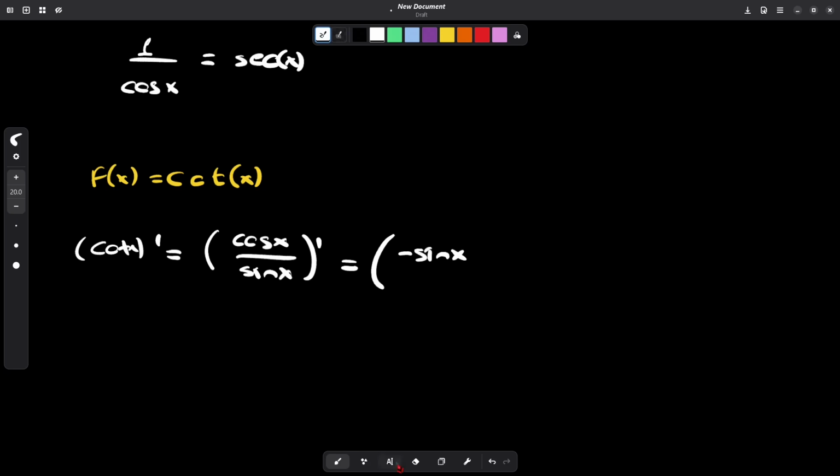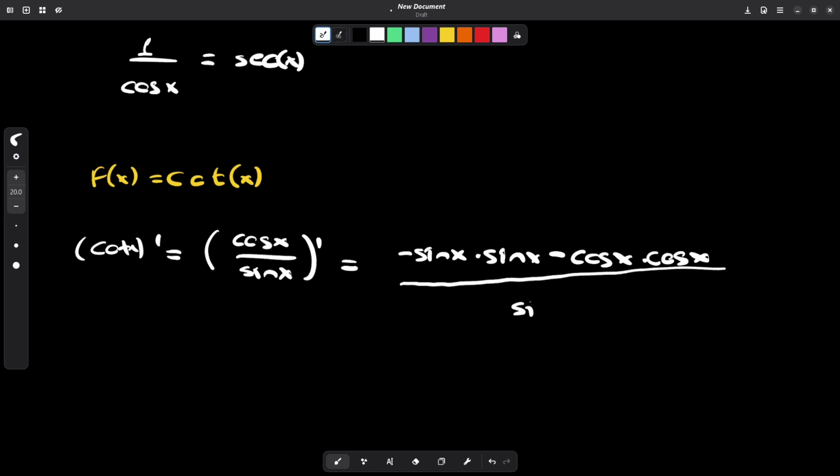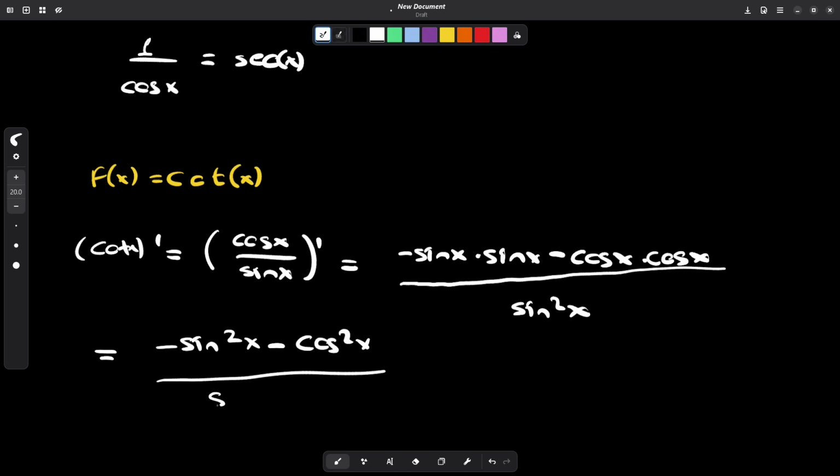Negative sine x, I don't want to put parentheses here, negative sine x multiplied by sine x minus cosine x times cosine x, over sine squared x, which is negative sine squared x minus cosine squared x over sine squared x.